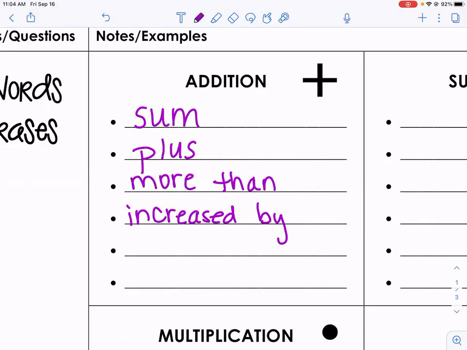Now, what if you go to the store and you buy a bunch of things, and at the bottom of your receipt, what's that word that it says at the bottom? Total. What did they do with those prices? They add them together. So total would also be a word that we can think of.